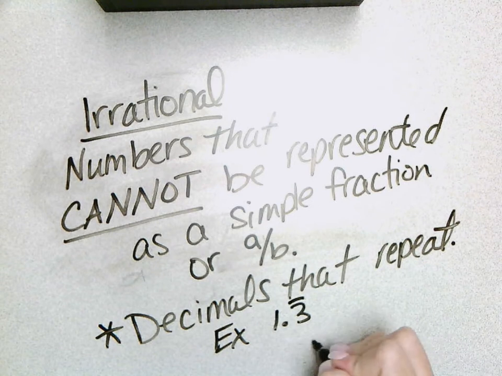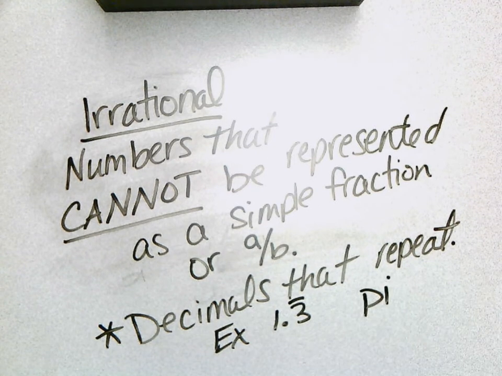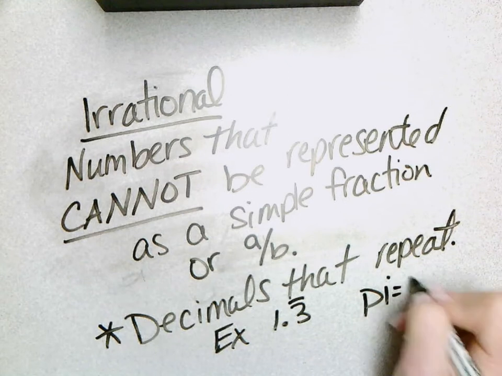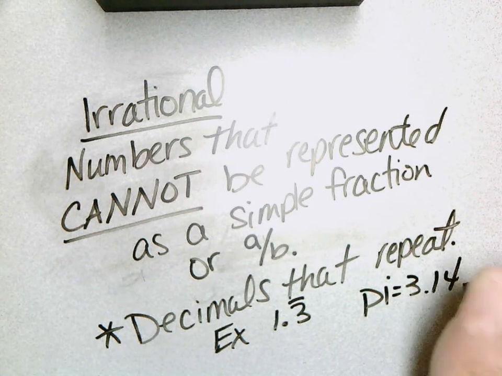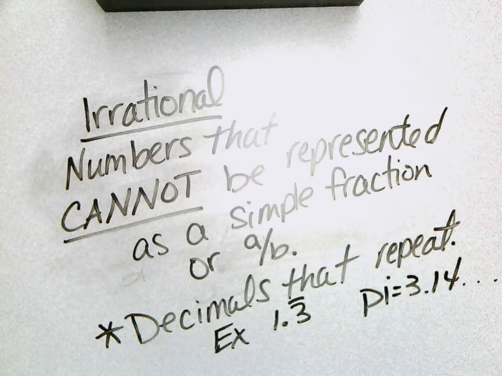Something else that repeats is pi. All we ever talk about is 3.14, but this number keeps on going. So those two would be examples of irrational numbers. This also comes into play with our next little topic. It's called a square root. We have to know what an irrational number is before we can talk about what a square root is.